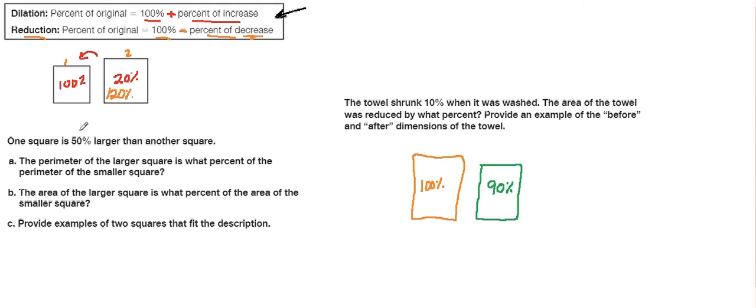Now, let's get back to example 1 here. One square is 50% larger than another. So not just 20, but 50% this time. We're going to need examples eventually, so I might as well make one now. 1 and 2, good enough.